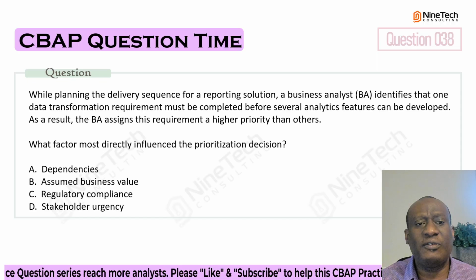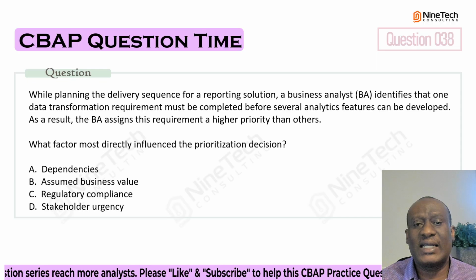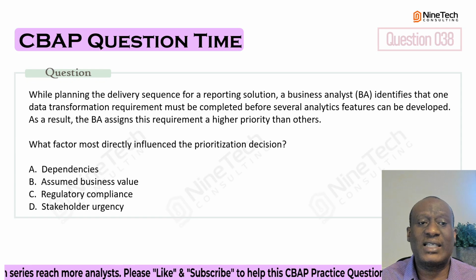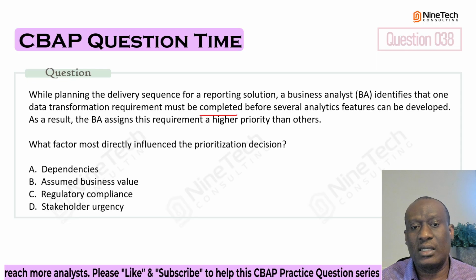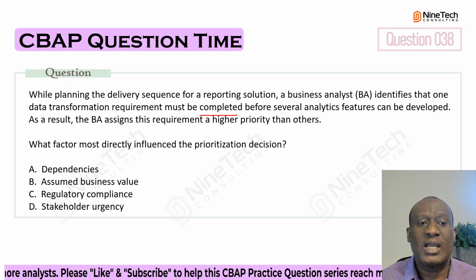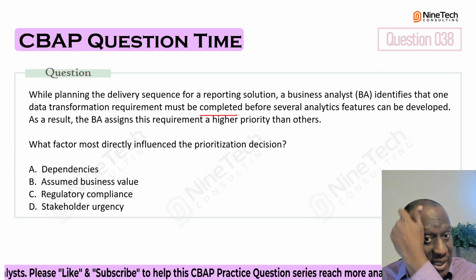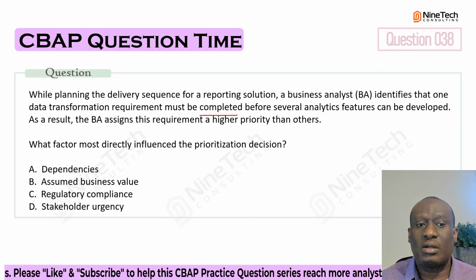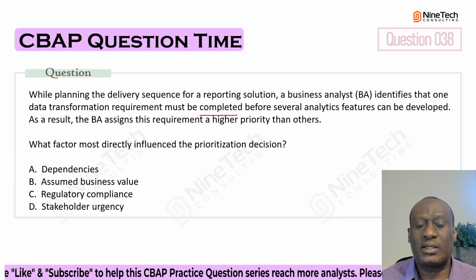While planning the delivery sequence for a reporting solution, a business analyst identifies that one data transformation requirement must be completed before several analytic features can be developed. As a result, the BA assigns this requirement a higher priority than others. What factor directly influences this prioritization?